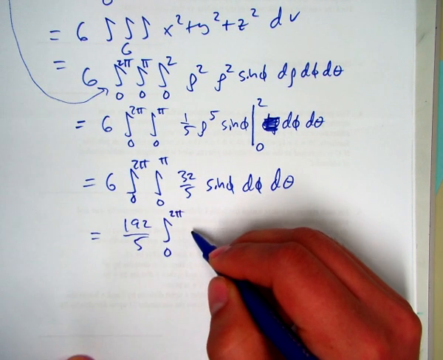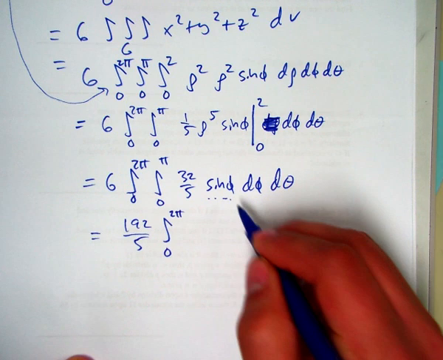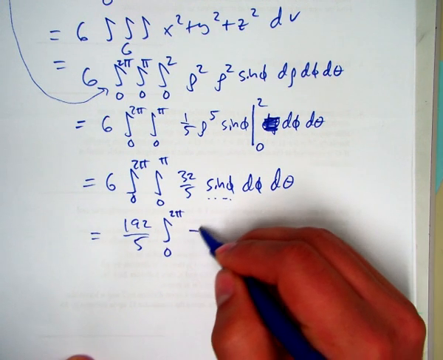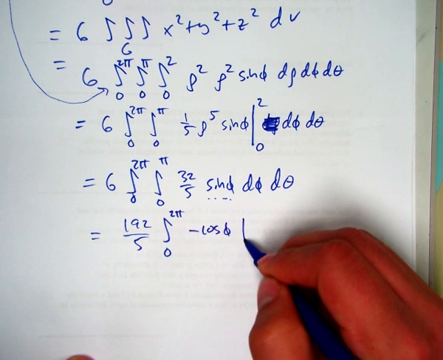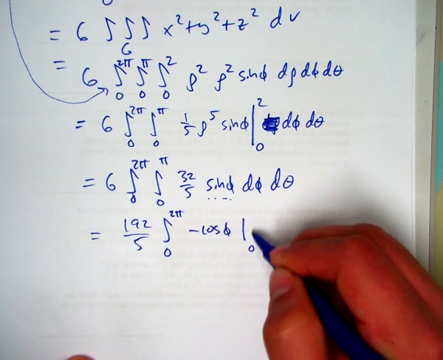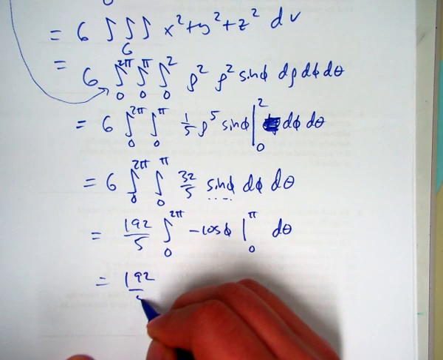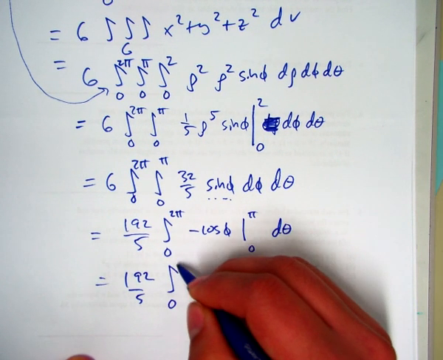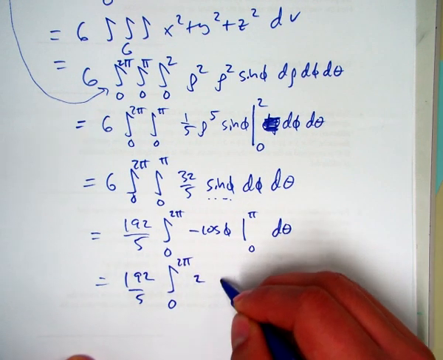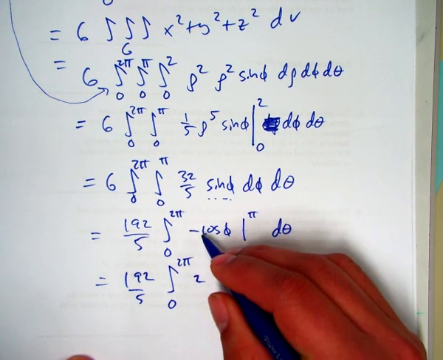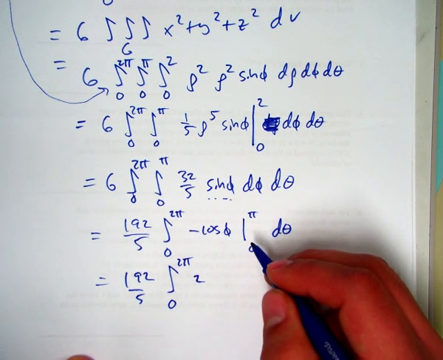And then the integral of sine phi is negative cosine phi from phi equals 0 to pi. That's 2.